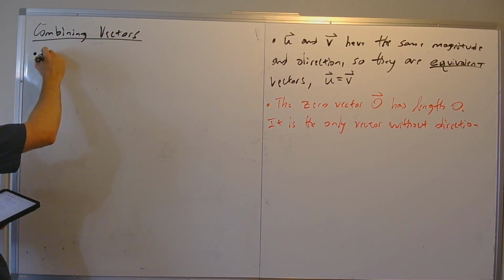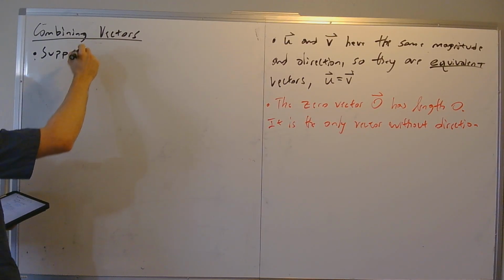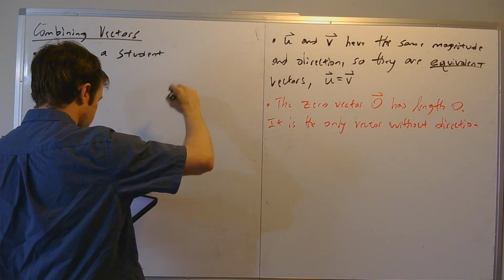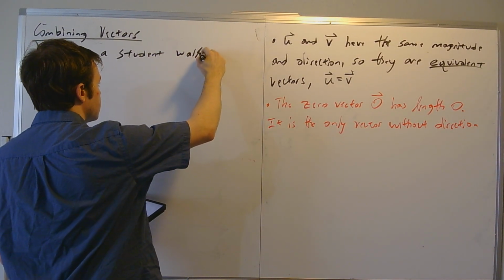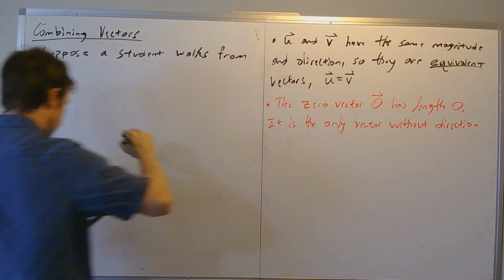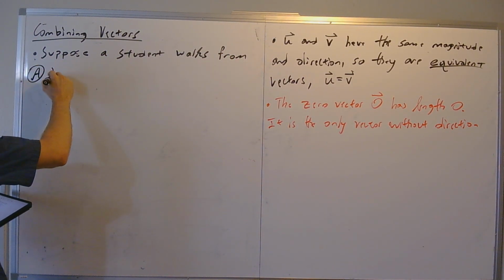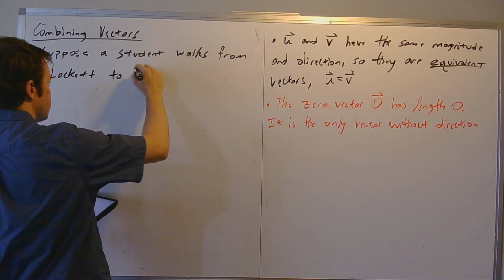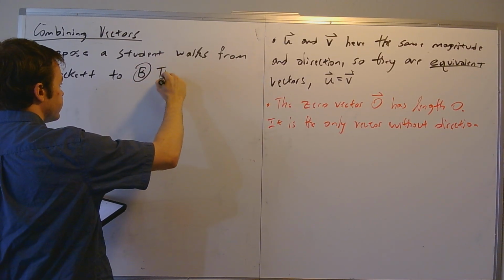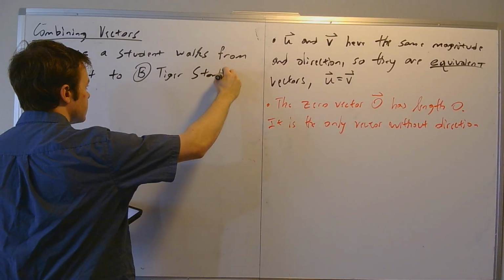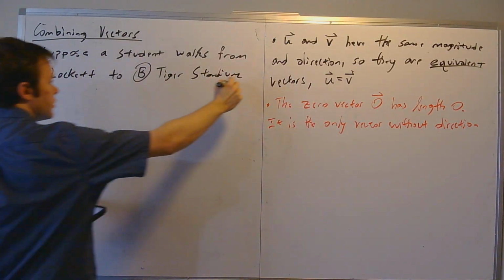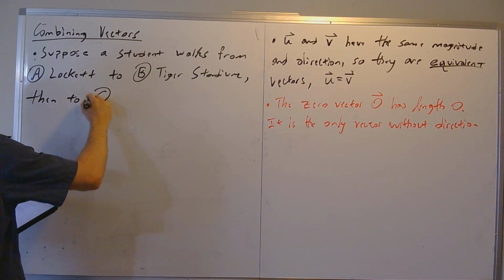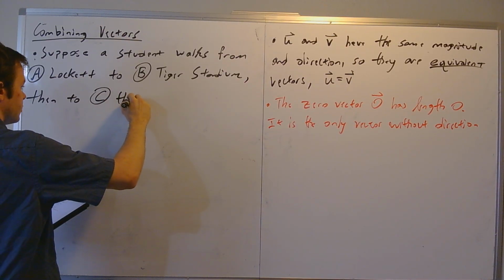So I'll say here, suppose a student walks from, and these are building names, I'll say first building is going to be Lockett, to the second building, which is going to be Tiger Stadium, and then to the third building, which is going to be the PMAC.